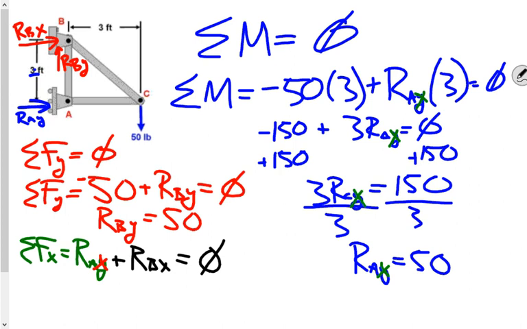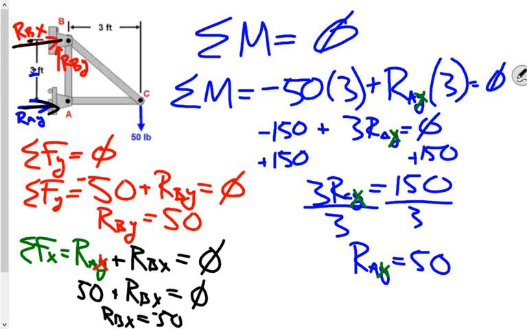So if RAX was 50, and there's RBX there, that means RBX has to be equal to a negative 50. Which means if this is pushing out, this actually is pulling in, to keep it from going away.